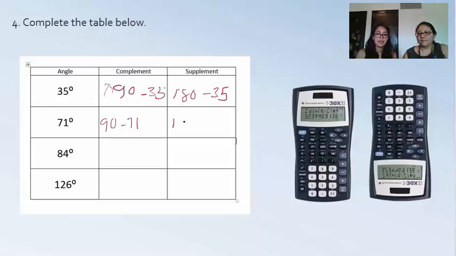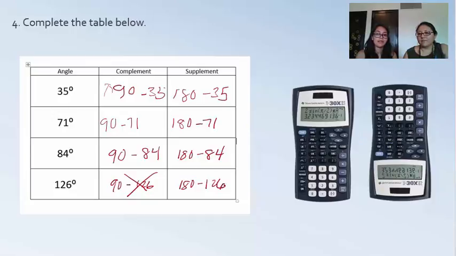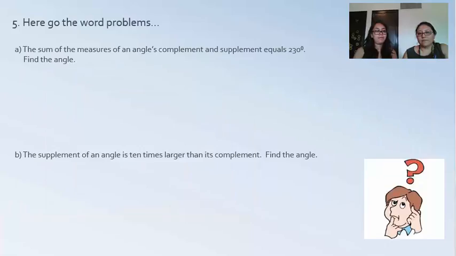Supplement, 180 minus 71. Once again, complement, 90 degrees minus 84 degrees. Supplement, 180 minus 84 degrees. Next, wait, we said complement was 90 degrees. That's over 90 degrees, so there is no complement. Supplement would be 180 minus 126. If you plug those into your calculator, you should get the complementary angle and the supplement.